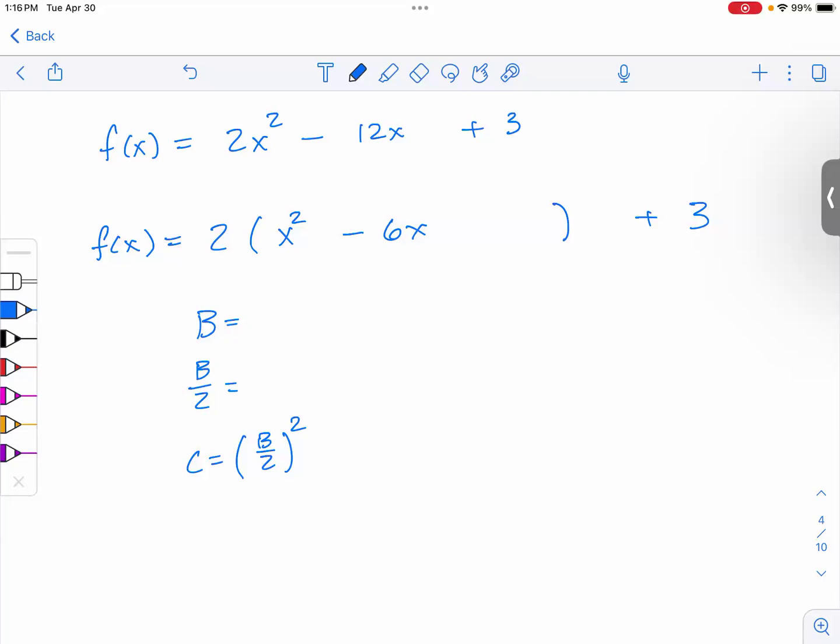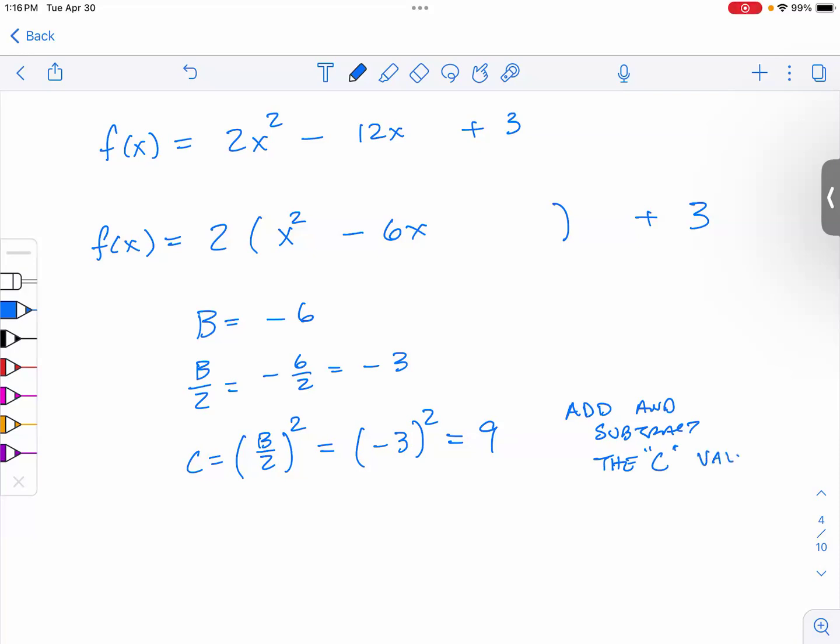So what is B in this case? -6. And make sure we keep that sign. And so then B over 2 is -3. And then B over 2 squared is 9. So this one is slightly different. Now add and subtract the C value.